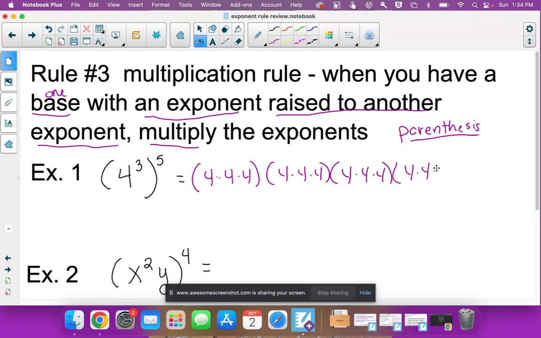Ooh, that's a lot of writing. So I have 3 4s in each parentheses, and I have 5 of those parentheses. That's what that rule means. So if you count them all up, since they're all being multiplied, I have 4 to the 15th power, which is basically 3 times 5.